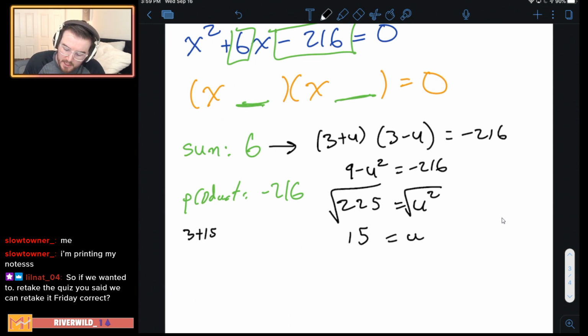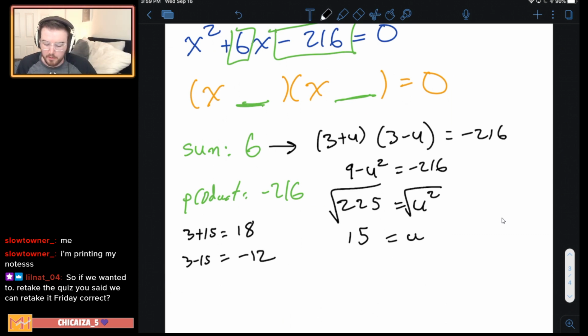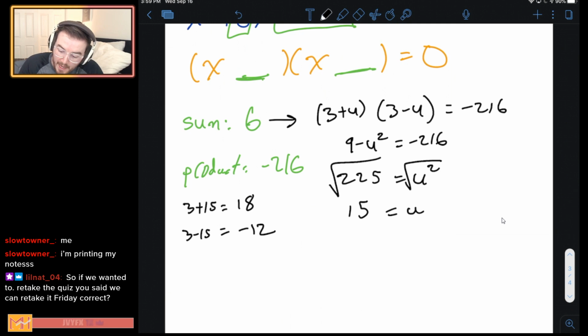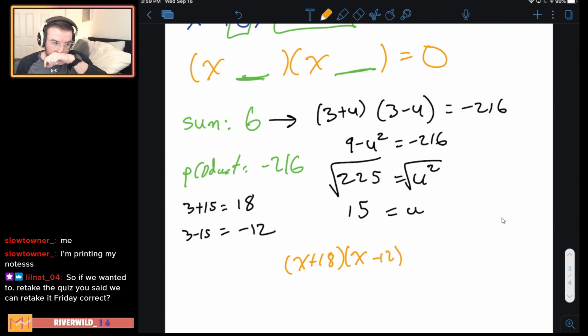3 plus 15 and 3 minus 15. The result is 18 and negative 12. So my factors are x plus 18 times x minus 12.